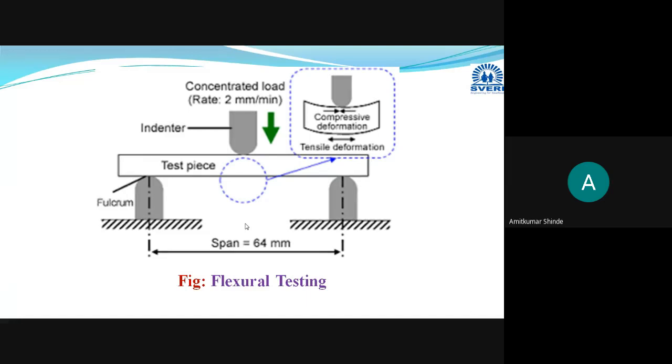This is the arrangement. Here you have to make a correction: this distance is 120 millimeter. At the top surface, what is important, we are going to apply the load, and the load will be compressive in nature. This top surface will be subjected to compressive stress, and the bottom surface, or the outer fiber of that material, will be subjected to tensile deformation.